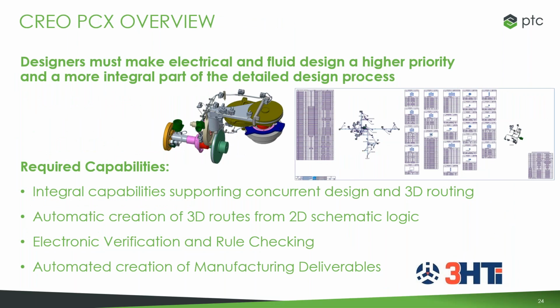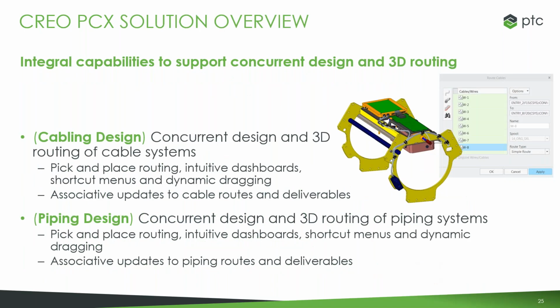So some of the capabilities that a designer might want in a tool like this: automatic creation of the 3D routes from the 2D, verification, rule checking, automated creation of the deliverables, like we mentioned. So for both cabling and piping, some pretty straightforward pick and place routing that can happen, and associated updates as you make changes.